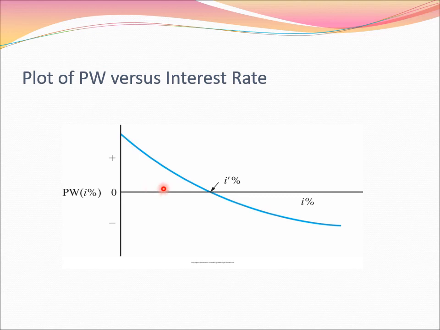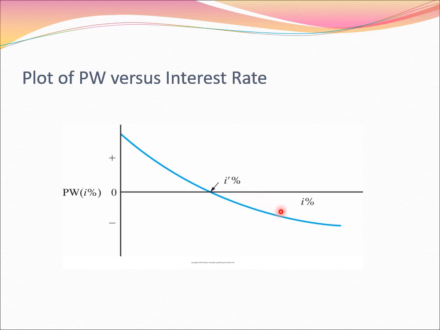If you increase the interest rate, it may reduce, and after some point maybe the present worth becomes negative. This crossing point is the rate of return of the project, and we don't know what it is. We are going to solve for it.